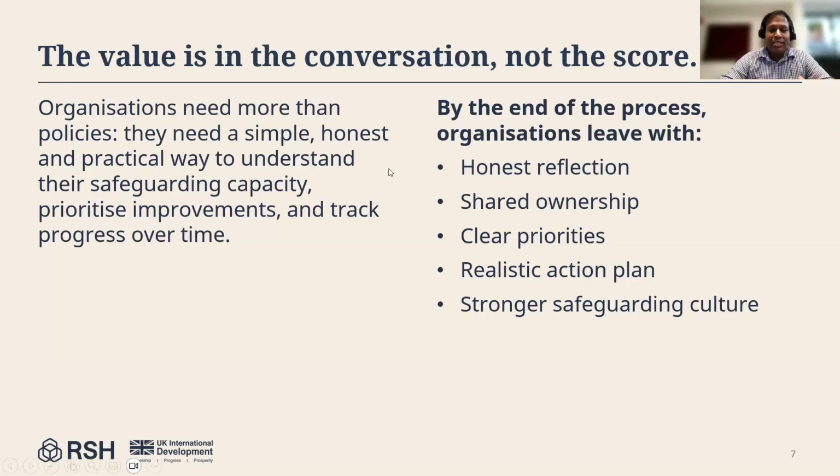What organizations really need is a straightforward, honest, and practical way to understand their current safeguarding capacity, identify what matters most, and monitor their progress over time. The process is designed to encourage open discussion rather than focus on achieving the perfect score. The conversation helps teams reflect on their strengths, recognize their improvement areas, and build a shared understanding of what good safeguarding looks like.